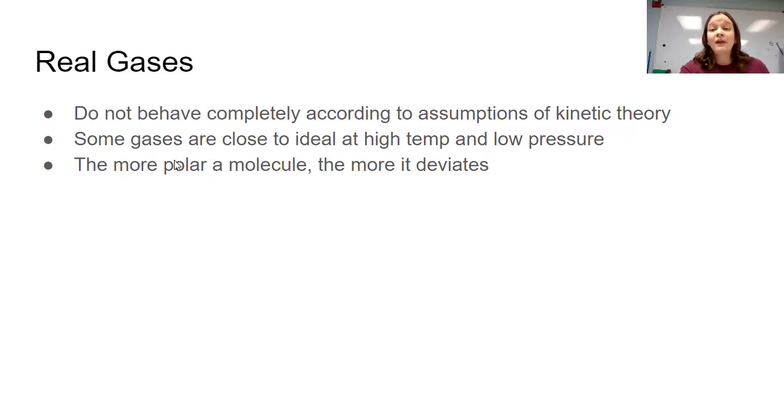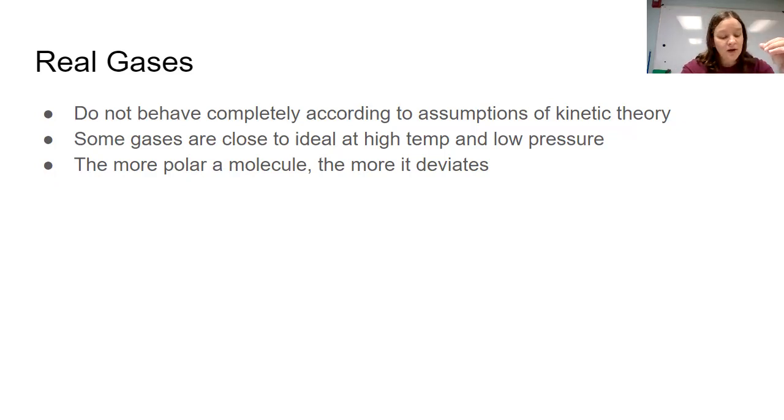If you remember polarity, polar was where in a molecule you have one atom that hogs the electrons. The electrons spend more time around one of the atoms than any of the others. Like in water, water is polar because the electrons spend more time with oxygen than with the hydrogens. So the more polar the molecule, the more it's going to deviate from ideal behavior.